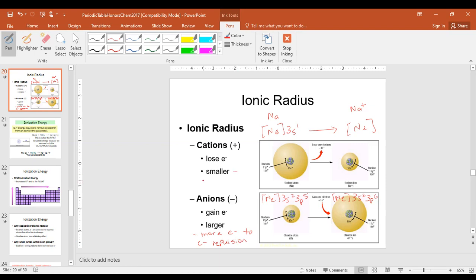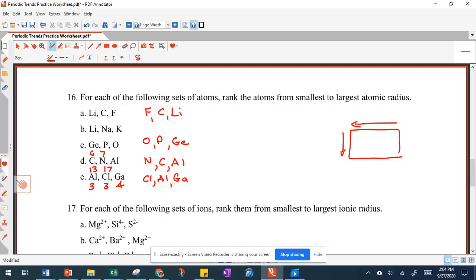Here we have fewer energy levels. Those are the reasons why the cation is smaller than the neutral atom and the anion is larger than the neutral atom. So that's another trend.